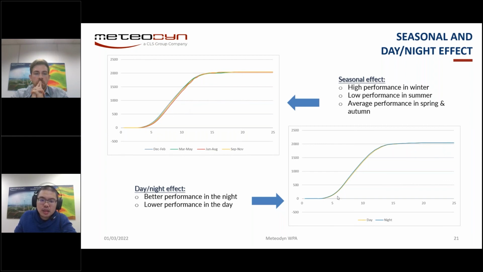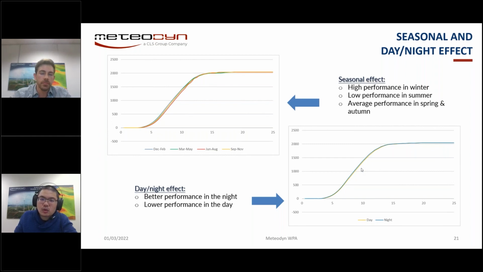The same analysis, but with the day-night effect: we separate our data points into day and night, and we can see that at night, the blue power curve has a better performance than in the day, the yellow one. But the difference is not very significant.